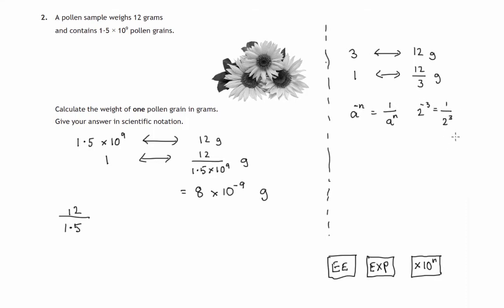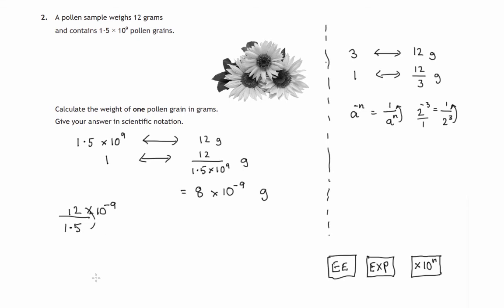Or reversing that, if you're dividing by 2 to the power positive 3, that can in effect go up to the top of the fraction and the index 3 becomes negative. A to the power n can nip up to the top of the fraction and become a negative power. So the 10 to the power 9 can nip up to the top and become 10 to the power negative 9.